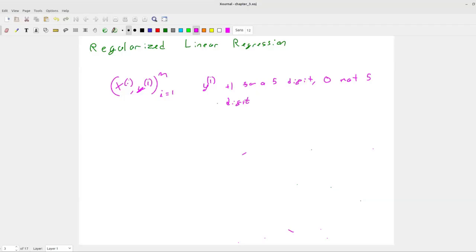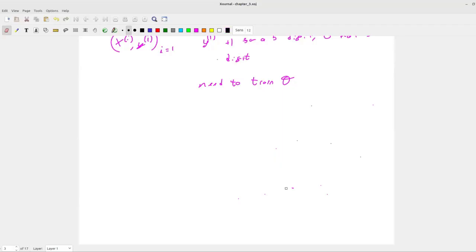And our goal here is just to train the algorithm that allows us to get that. So again, considering that we need to train our weight vector, need to train theta, we can go ahead and put together a cost function for that.